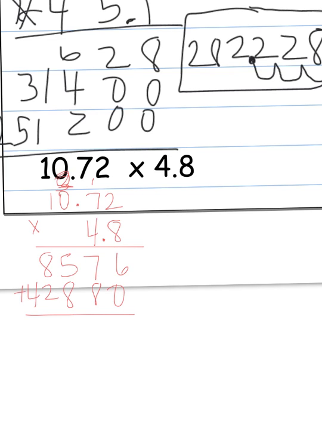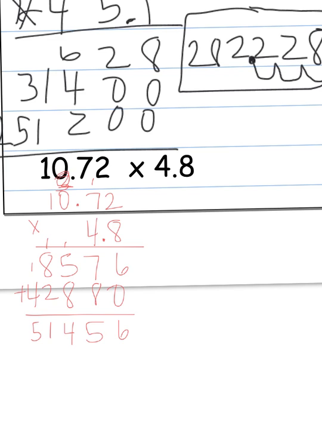Add these together. 6 plus 0 is 6. 7 plus 8 is 15. Regroup our 1. 8 plus 1 is 9, plus 8 is 17. Regroup our 1. 8 plus 2 is 10, plus 1 is 11. 1 plus 4 is 5.